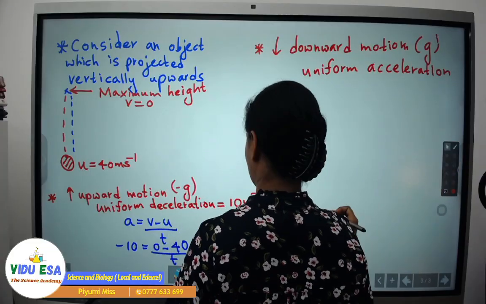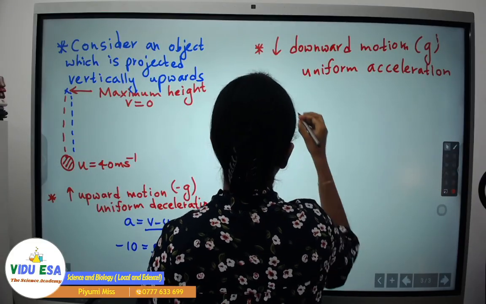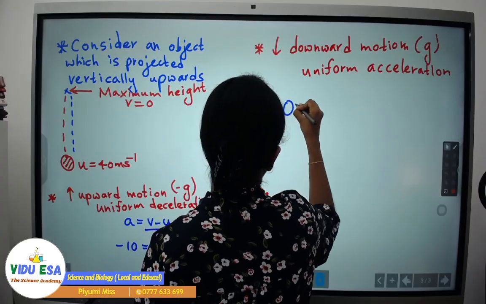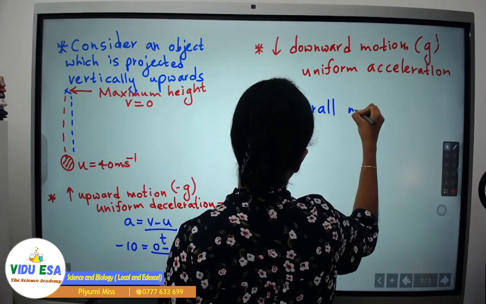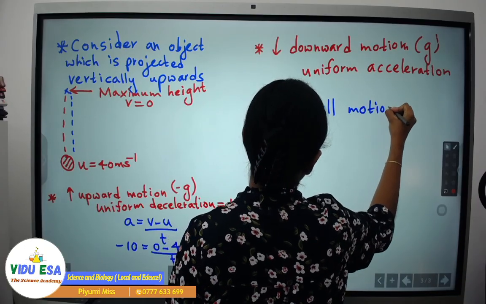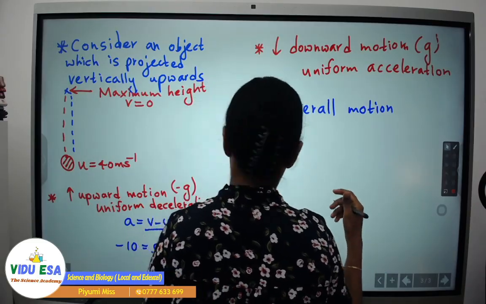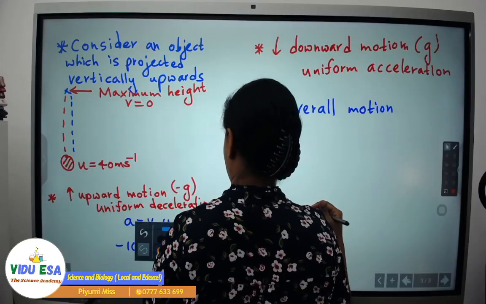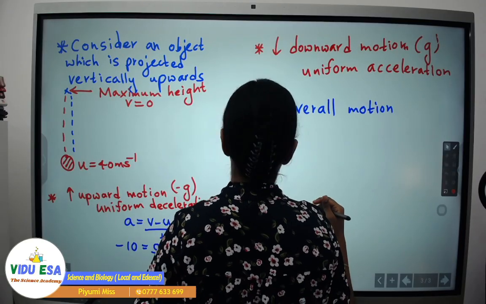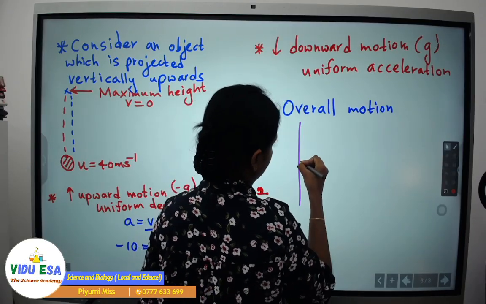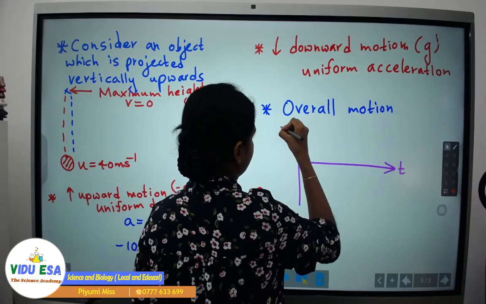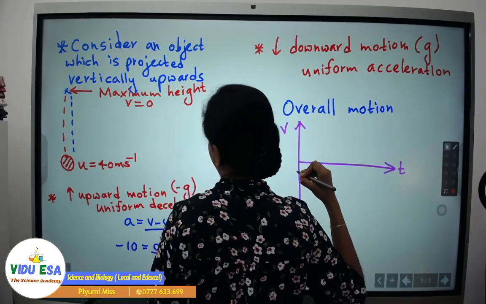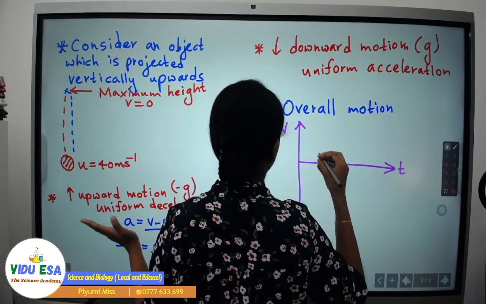Therefore, for the overall motion, if we draw a graph, actually you are not asked to draw graphs on the negative side, but if we draw a graph for the overall motion, it is something like that. The upward motion is a uniform deceleration.